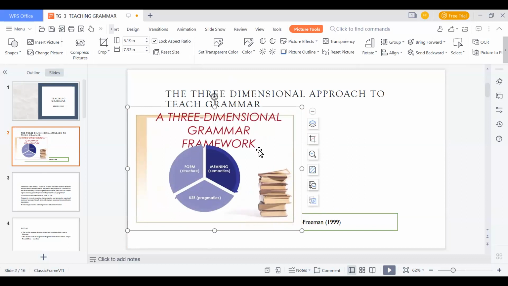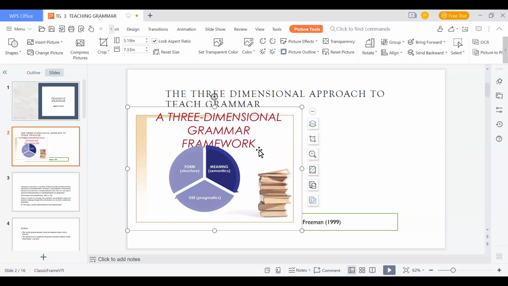There are three components to this. What are the three components here? Form or structure, then meaning or semantics, and use or pragmatics. This is the message here. This is the kind of belief here, when you teach your students grammar.